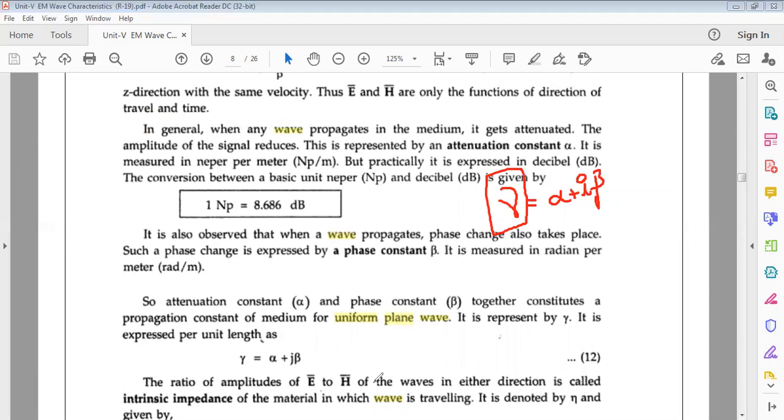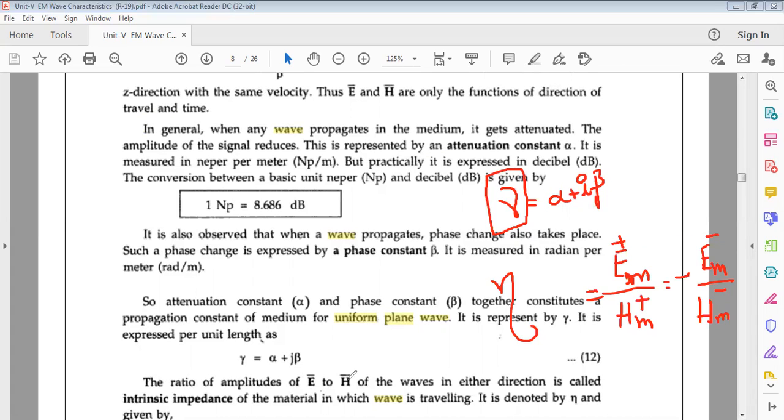The ratio of amplitudes of E bar to H bar, that is EM plus by HM plus, is equal to minus EM minus by HM minus. This is nothing but eta, the intrinsic impedance.